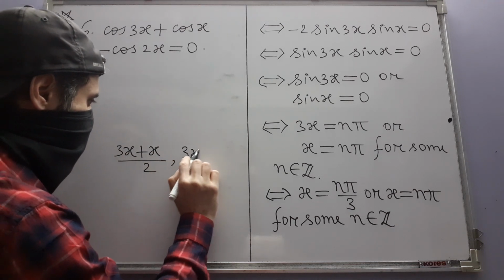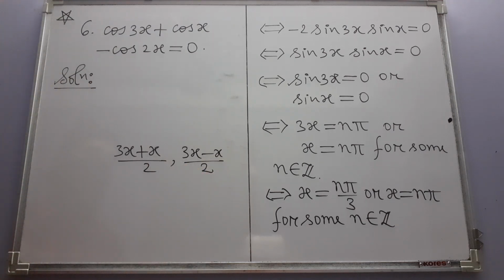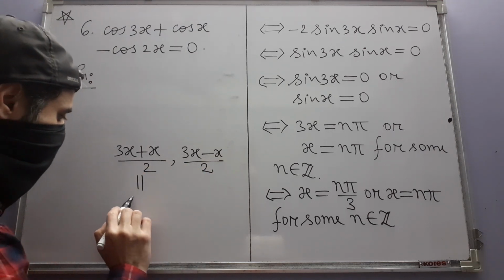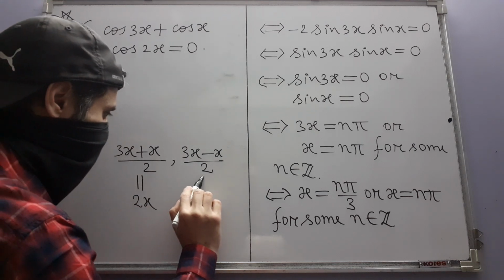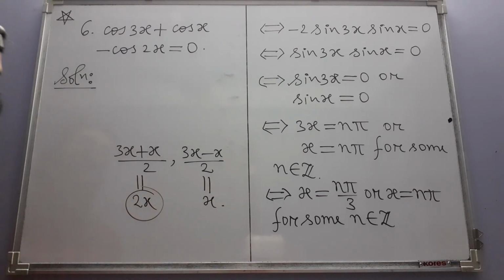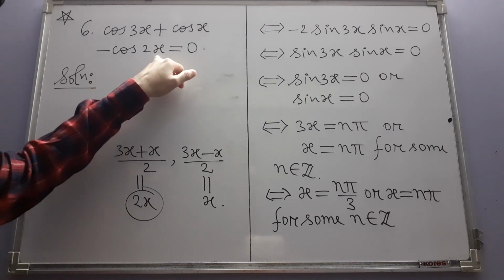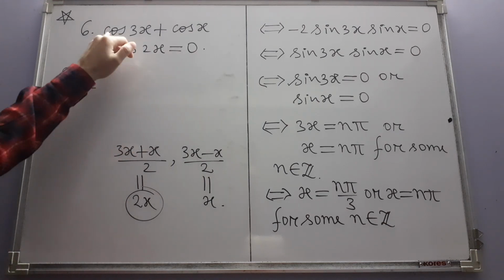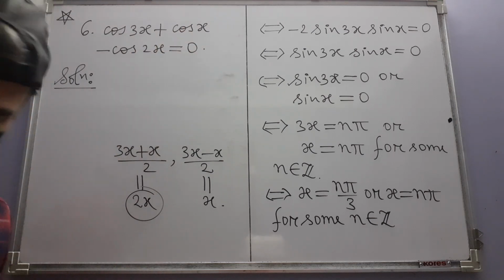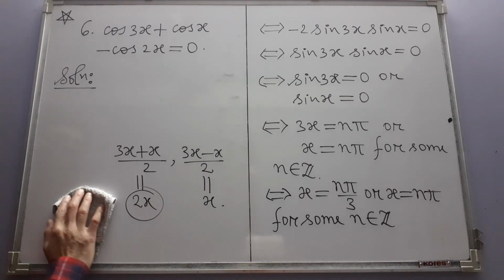We are going to get these 2 things. Now this is 4x over 2, and this is 2x over 2. So the term you are not involving also has 2x. So it makes sense to take these 2 and apply the formula. And that's what we are going to do.